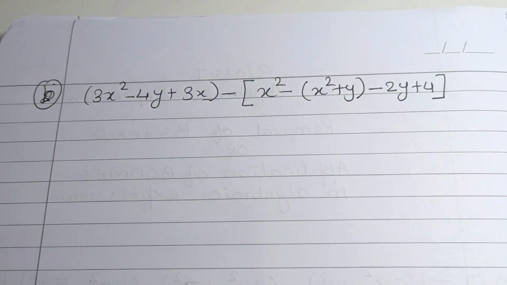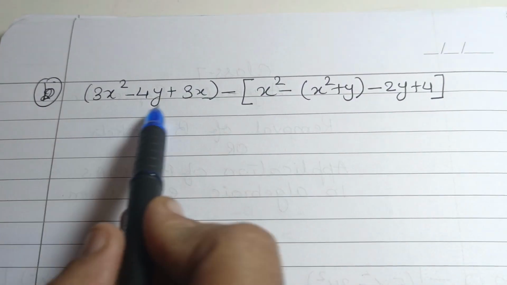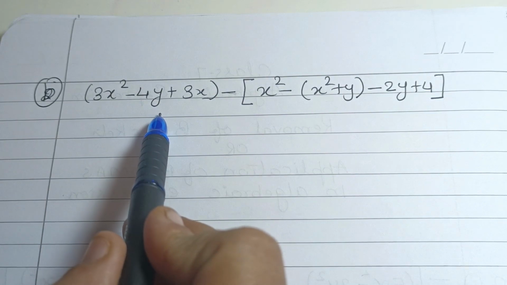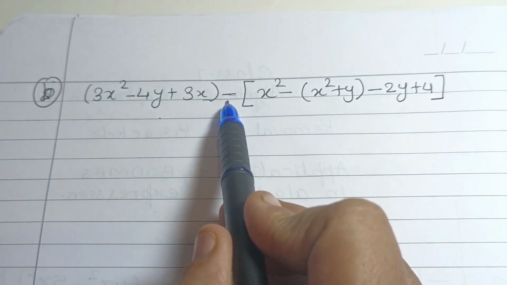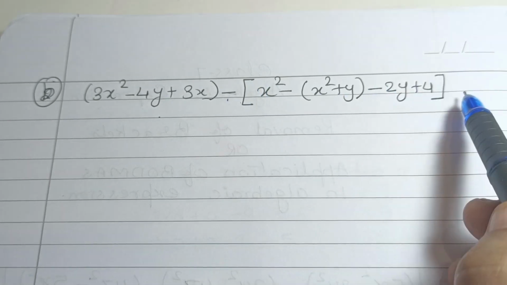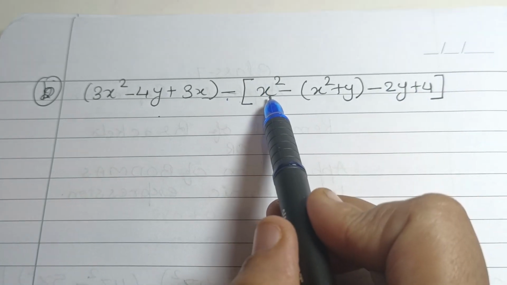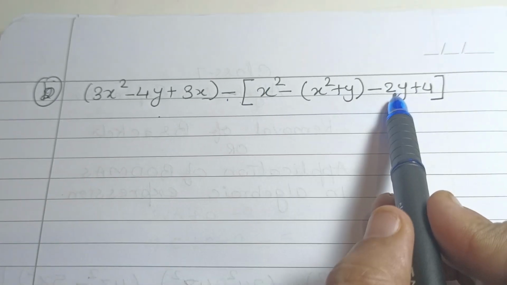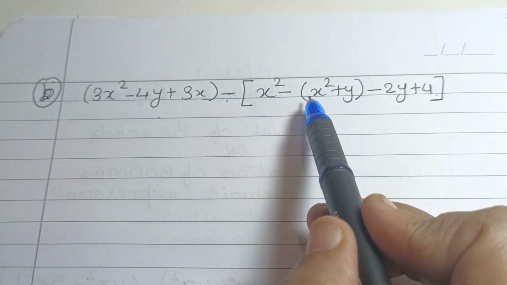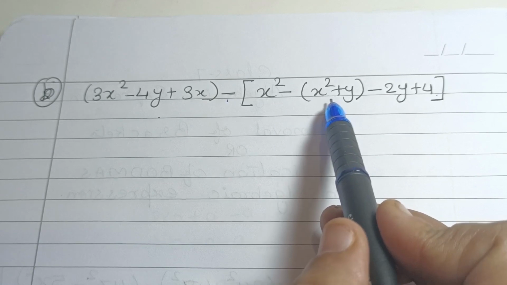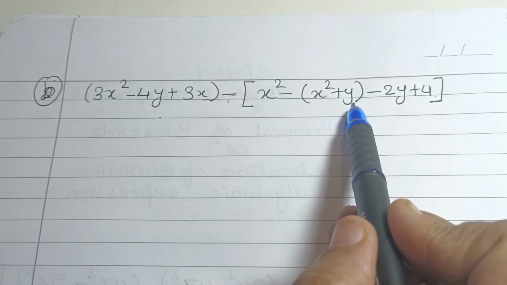Here you can see one small bracket is there in which one trinomial is there, which is separated by minus sign, and inside this big bracket there are four terms, sorry. Out of these four terms, one term is inside this bracket.